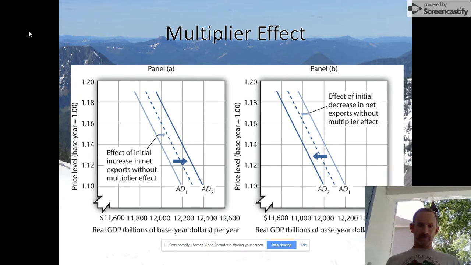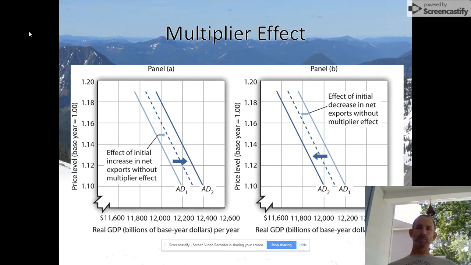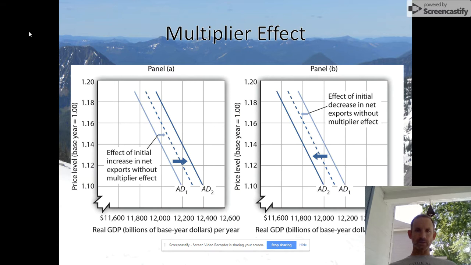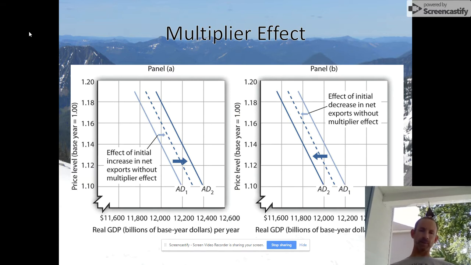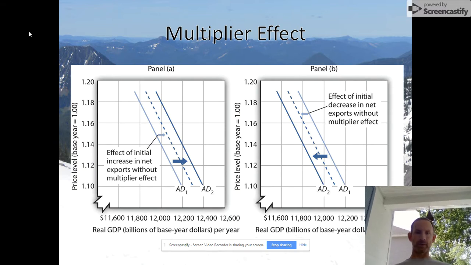The multiplier effect. When there is a change in aggregate demand, there's this thing called the multiplier effect, which makes that effect even bigger. The reason for the multiplier effect is if there's an increase in spending, say the government spends money or consumers start spending more money, every dollar that gets spent becomes income to somebody else, additional income that they wouldn't have had before.